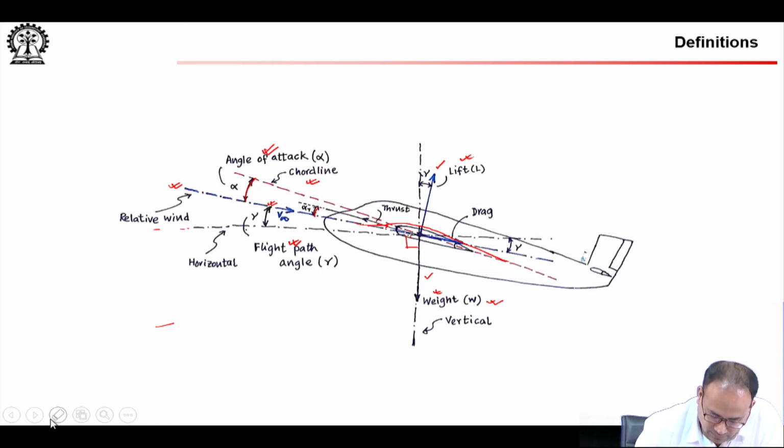We will see under what conditions, for example, streamlines cannot intersect, but path lines can intersect. We will see those things at a later point.